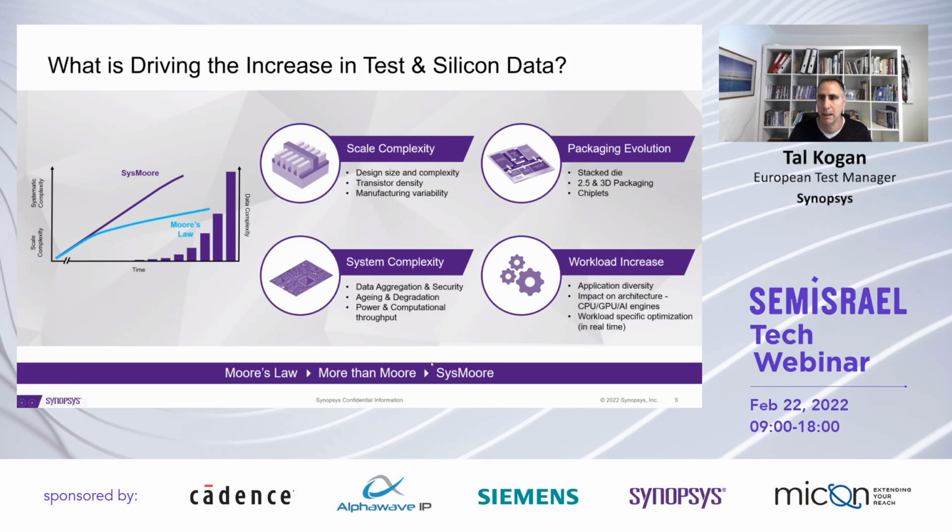Now, some say that the packaging evolution going to 3D-IC, packaging chiplets will give the answer to this challenge, but probably it is a combination. Probably we have to do many, many things in order to really adhere to the challenge. Today I'm going to talk about one of the things we can do, which is speed up the test, and let's see how that can be done.